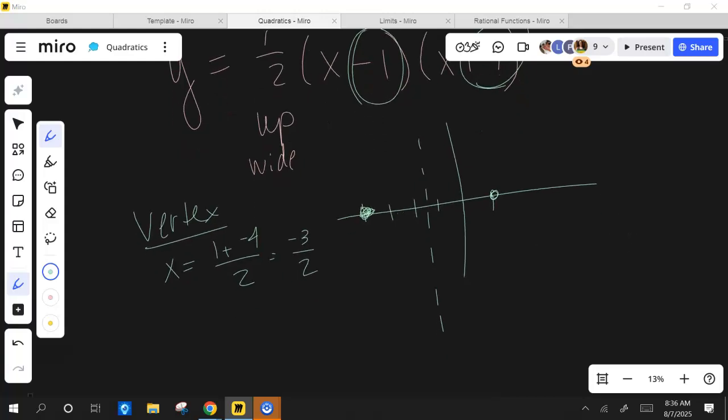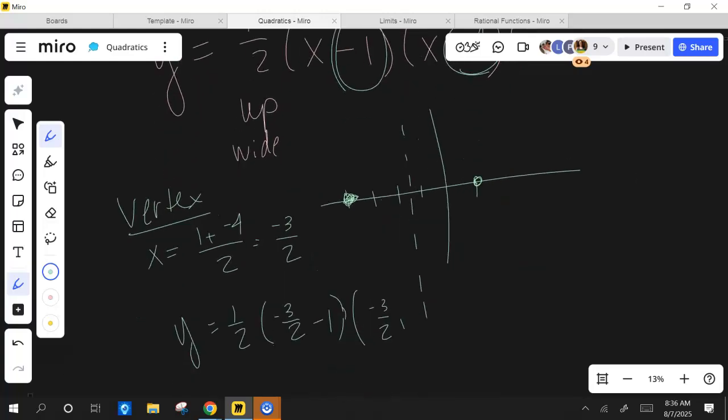Plug it in. So I'm going to do y equals 1/2 times, this was a terrible first example, I threw that fraction in there, -3/2, what is that, +4? Let's see, nobody tell me. 2/2, so that's -5/2.